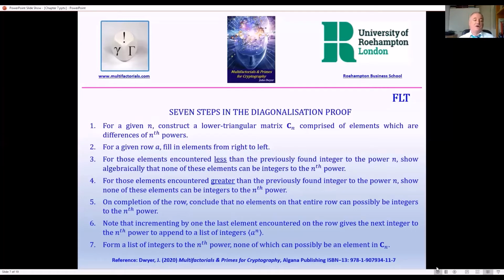In fact, when we get right to the end of the row, the last element that we get is just 1 less than the next integer power. So none of the elements in Cn can possibly be integers to the power n. So we form a list, step 7, and the list contains all of the integers to the power n, and none of those can possibly appear in Cn.